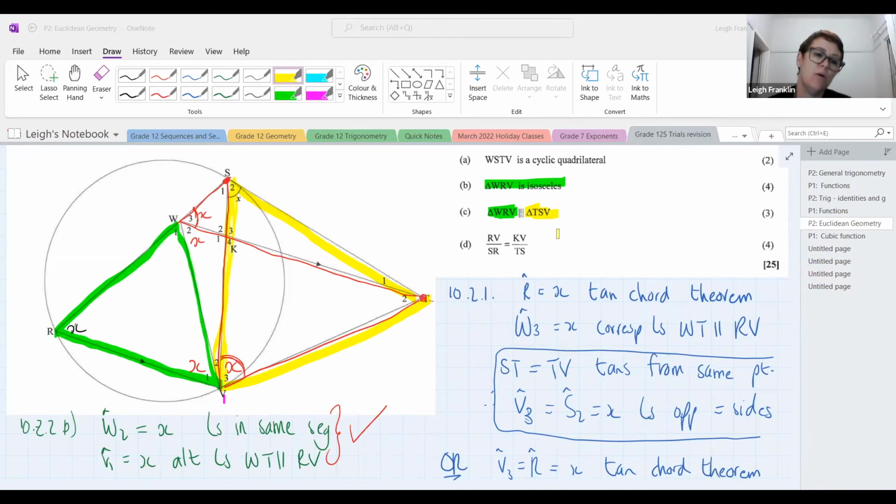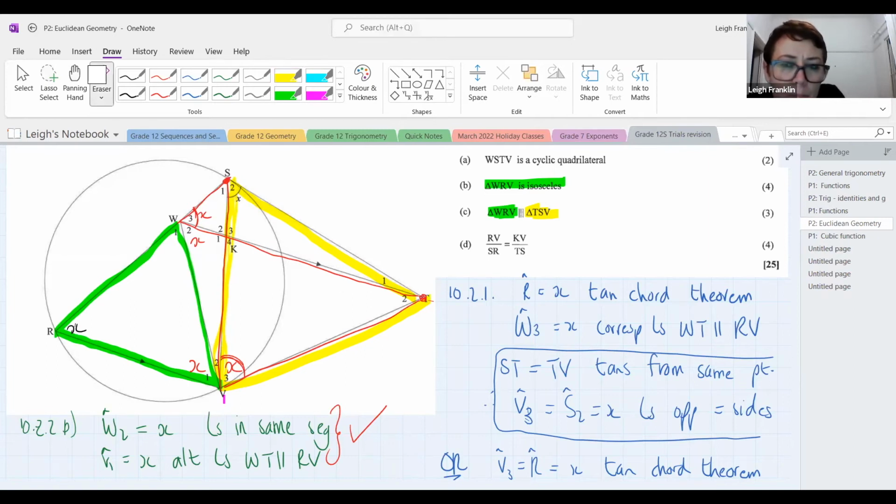All right, so how are we going to prove that the green triangle and the yellow triangle are similar to one another? Yes, can you see there?